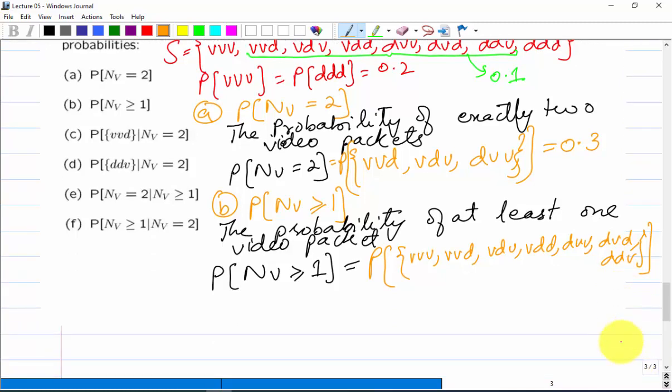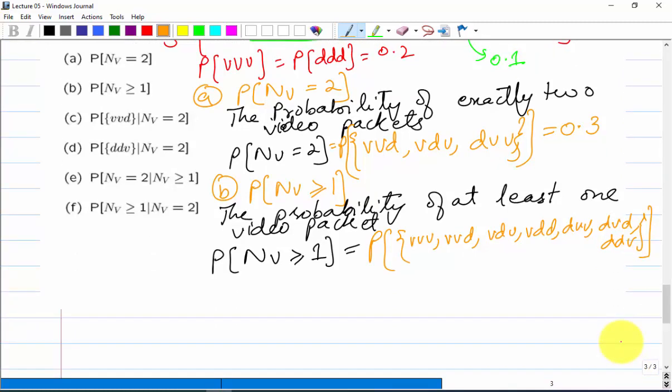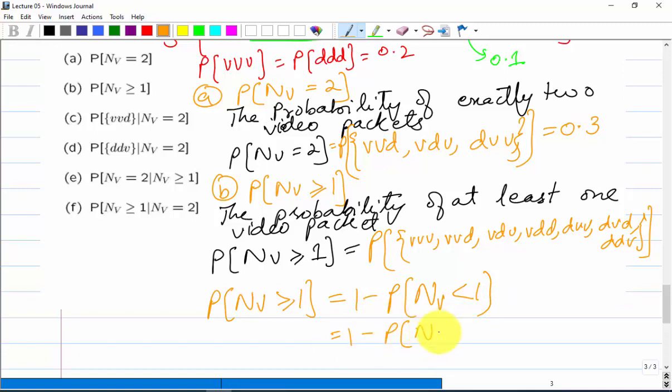There is another way to find it if we don't want to go through this much mathematics. We can write the probability of NV greater than or equal to 1 as 1 minus the probability of NV less than 1, using one of the properties, or we can write it as 1 minus the probability of NV exactly 0.